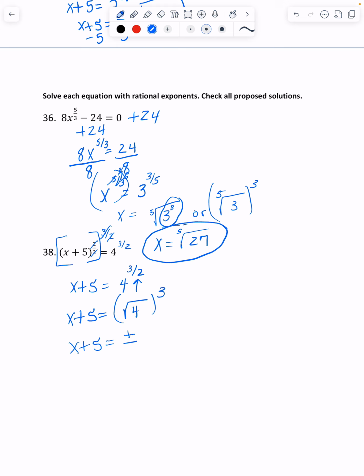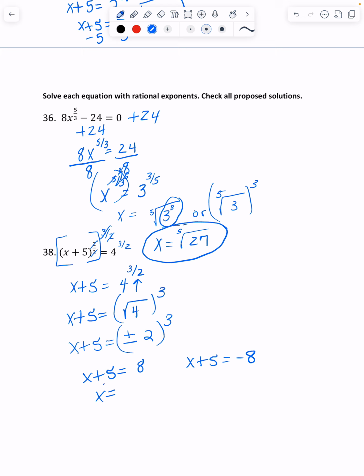What is the square root of 4? 2. So if I cube that, I get x plus 5 equals 2 cubed, which is 8. And I also get negative 2 cubed, which is negative 8. So I'm going to set those up and I'm going to solve.